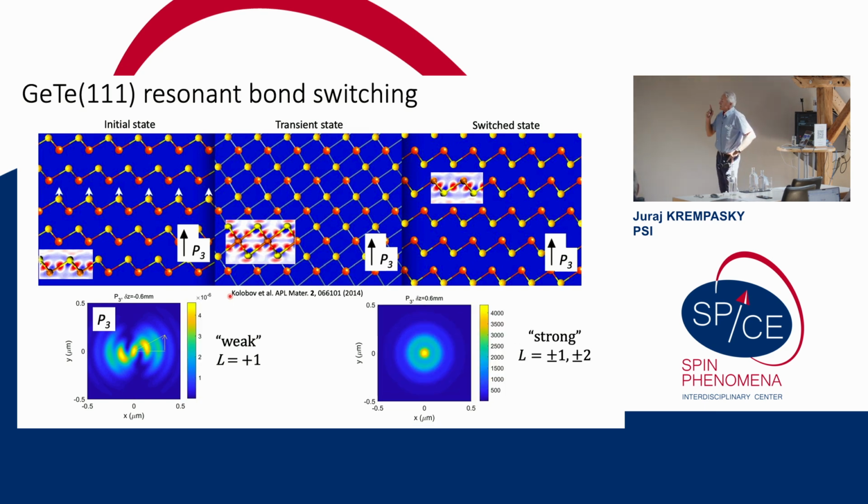Now, there is one thing we have to bear in mind, and this is that the strong component is really strong compared to the weak one, and it's really focused near the beam center, and this is why we employ a beam stopper in our experiment. So we try to screen this high intensity.